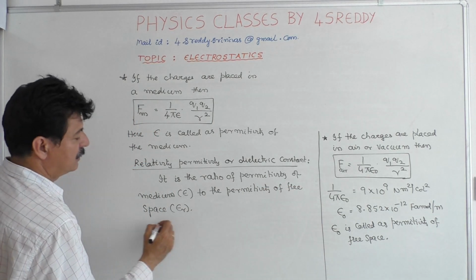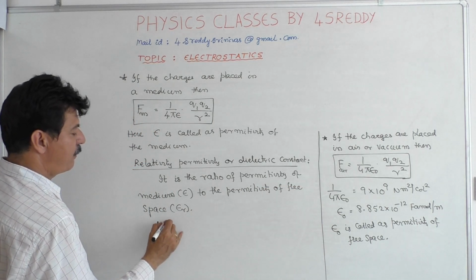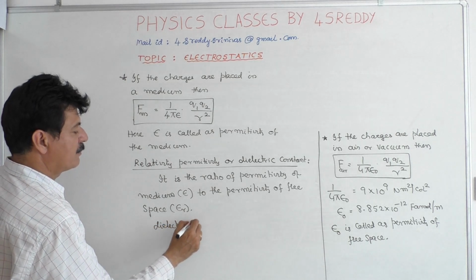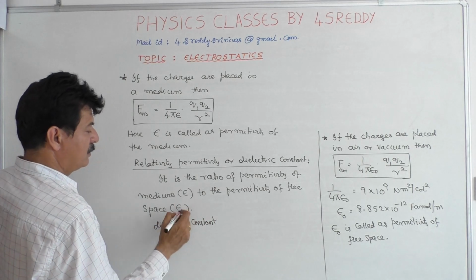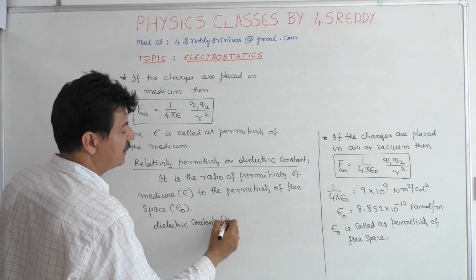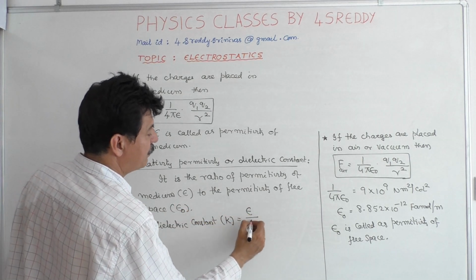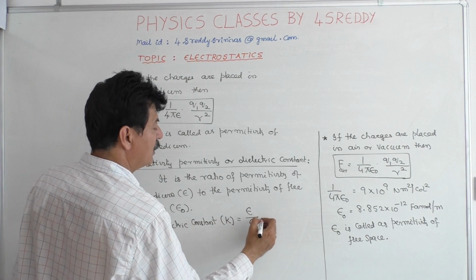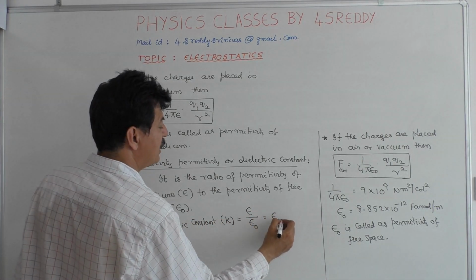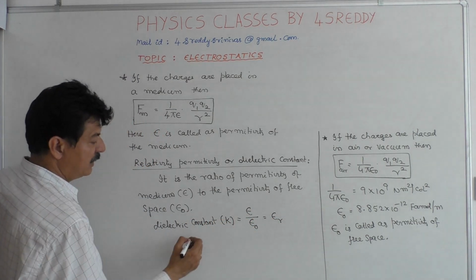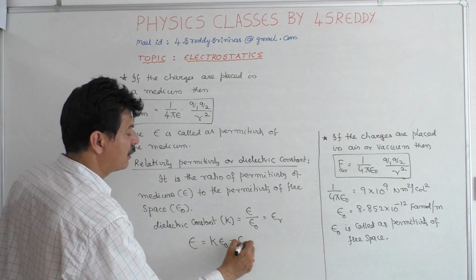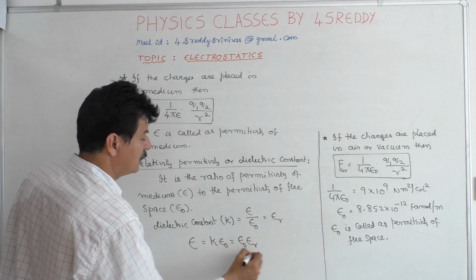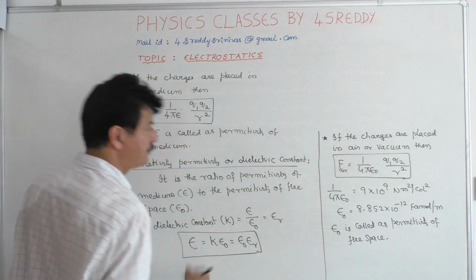That is, dielectric constant K is, by definition, epsilon by epsilon naught. This can also sometimes be written as epsilon R. Therefore, epsilon can be written as K epsilon naught or epsilon naught times epsilon R.